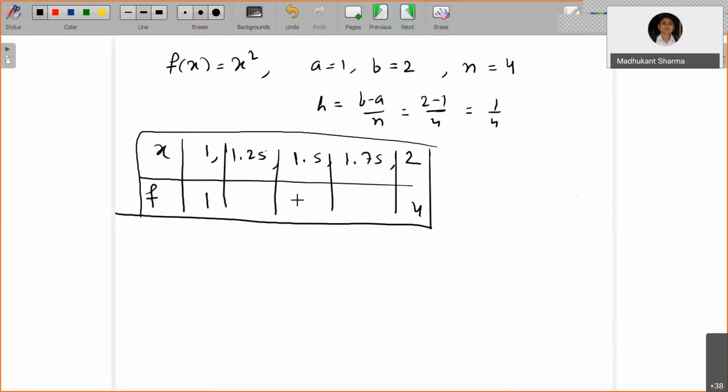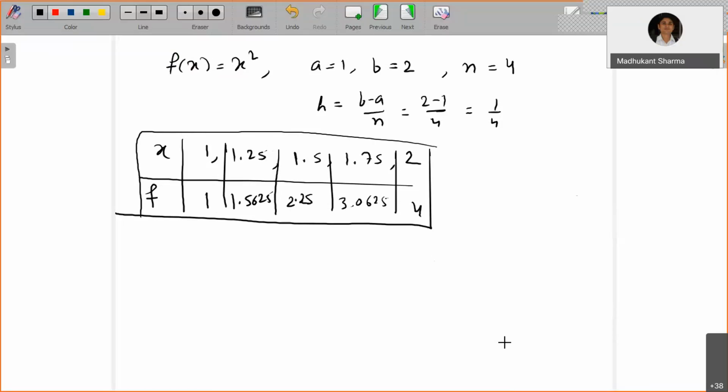So 1.25 into 1.25 is 1.5625. Okay, 1.5 into 1.5 is 2.25. And 1.75 into 1.75 is 3.0625.